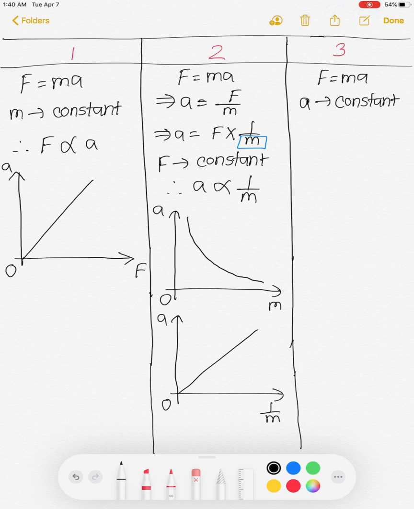So as mass increases, the force required to accelerate the object will also be greater. So in that case, force is directly proportional to mass. We already explained why, because the heavier the object is, the greater the force required to accelerate the object at the same rate.